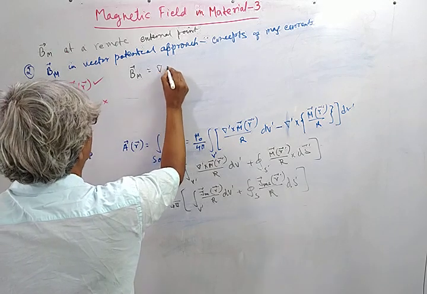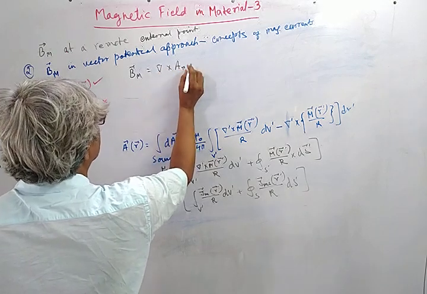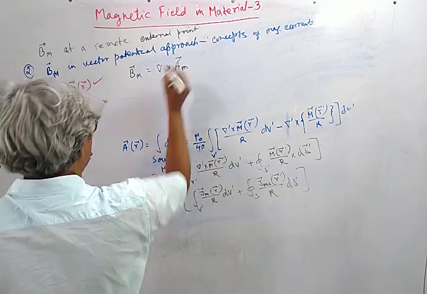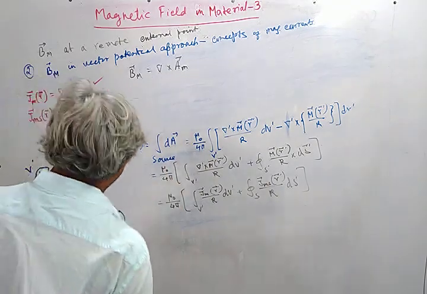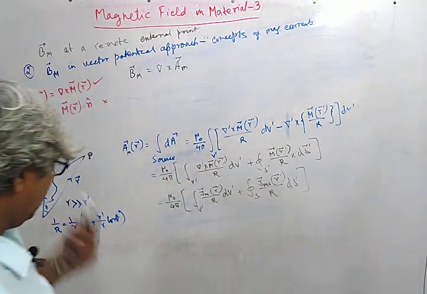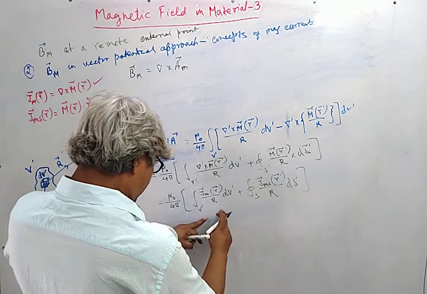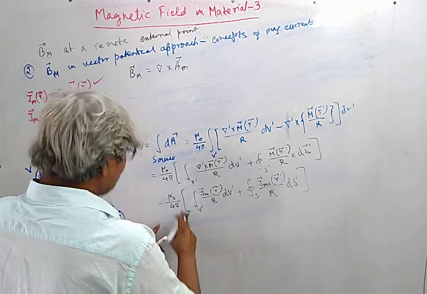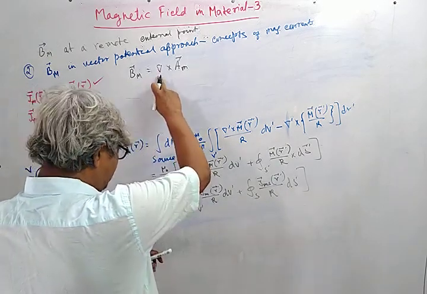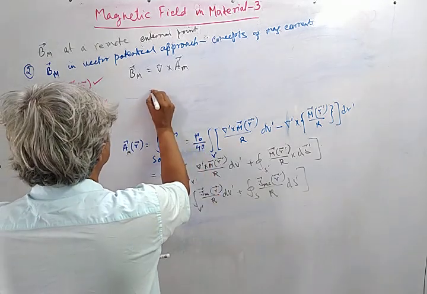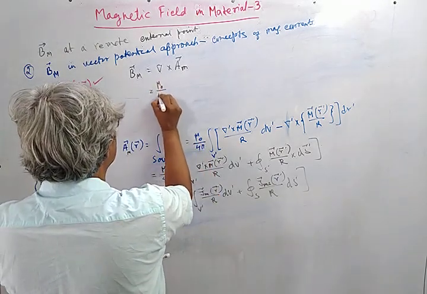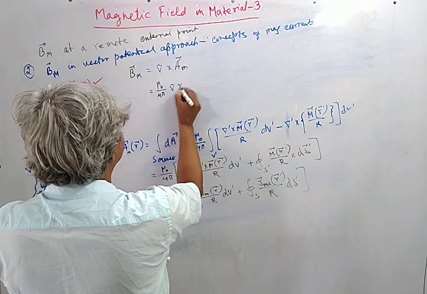Bm is equal to curl of M, which we will better write as M magnetization. So we need to curl it again. This is with respect to the field coordinates. So this first step is mu0 upon 4 pi.